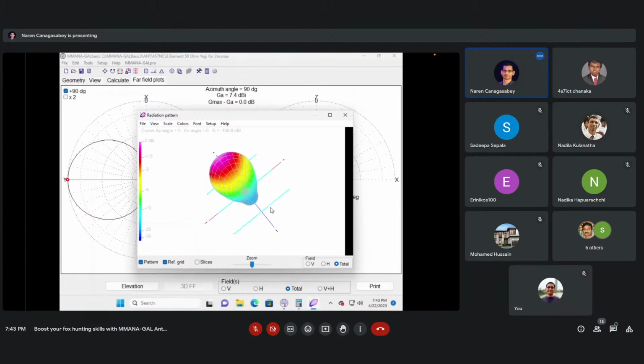This is the driven element, this is the reflector, and this is the director. This is how the pattern would look from the side. You can see how the addition of the reflector and the director, also called parasitic elements, affects the radiation pattern of the antenna.